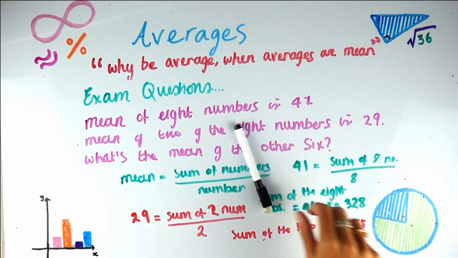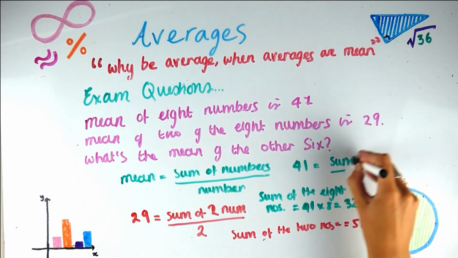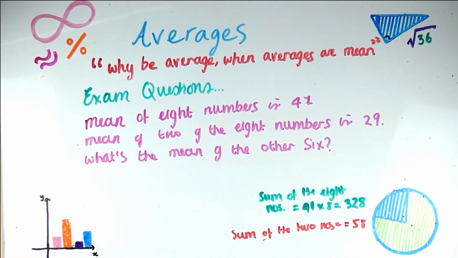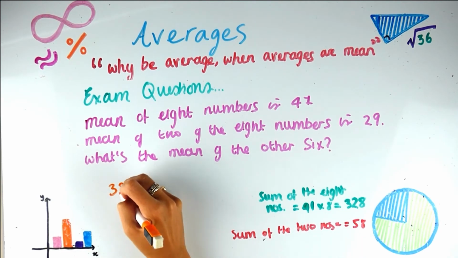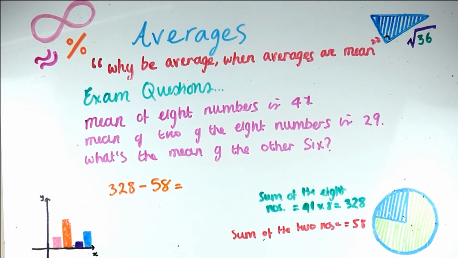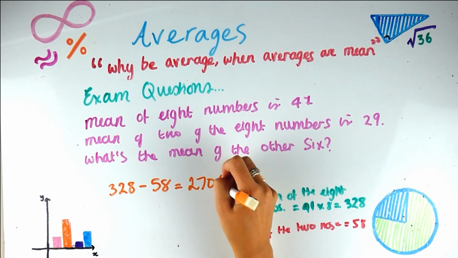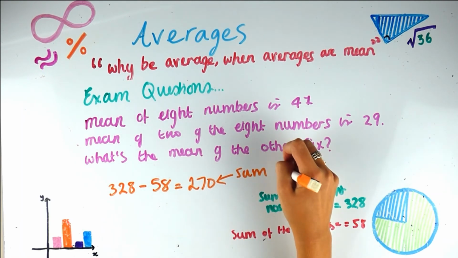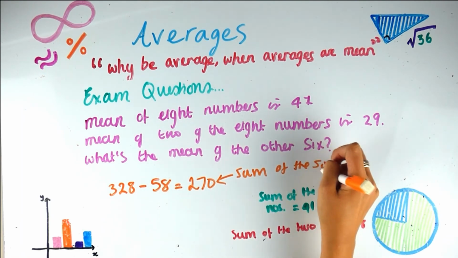I'm just going to clear some room. Okay, so I've got the sum of the 8 numbers is 328 and the sum of the 2 numbers is 58. So if I do the sum of the 8 numbers minus the sum of the 2 numbers, which would give me 270, this is now the sum of the 6 numbers.